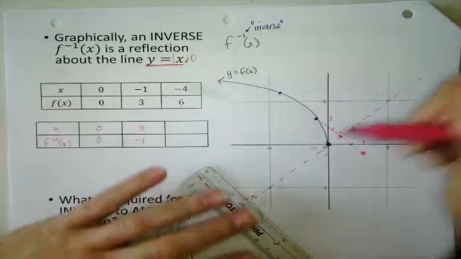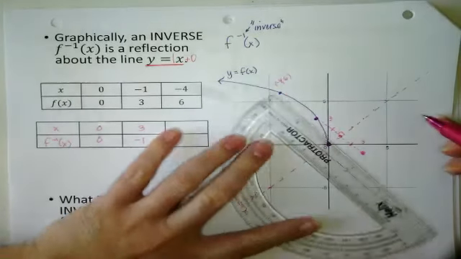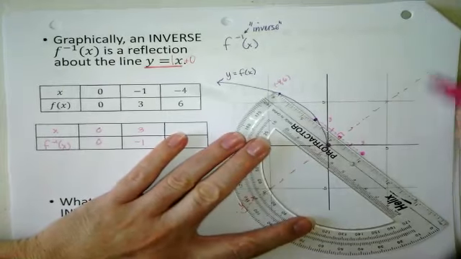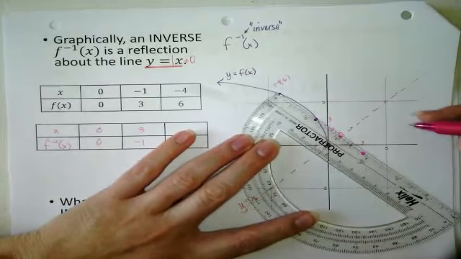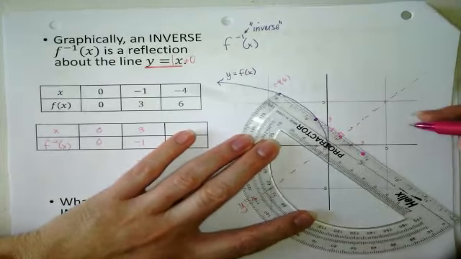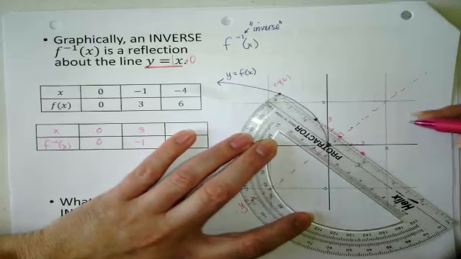This point over here is at negative 4, 6. And if it goes there we go. All right, we're going to pretend that didn't turn out to be the best point there.